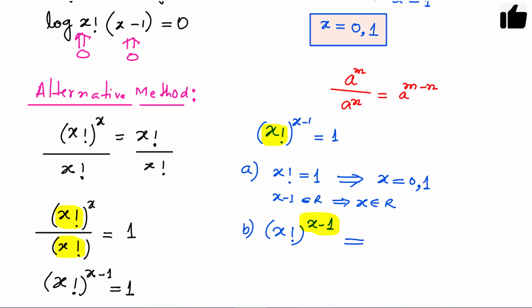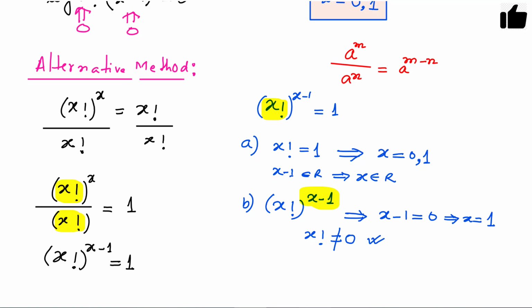So in this case x minus 1 is equal to 0. This means x is equal to 1 and also x factorial should not be equal to 0. And this is true because factorial is never 0. So this is always satisfied. So in this case, I get a solution x equals 1.